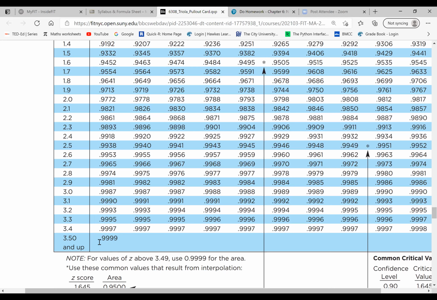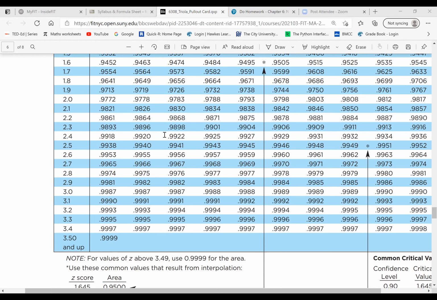And this table has limitations, right? Because if you're using Excel, you'll be able to run it to more decimal places, and then you'll be able to differentiate the probabilities. Let me quickly show you this. Let me open Excel and show you how to find the probability in Excel.